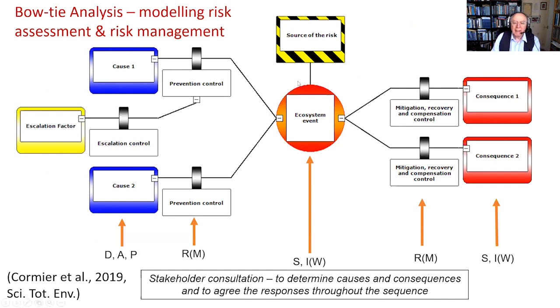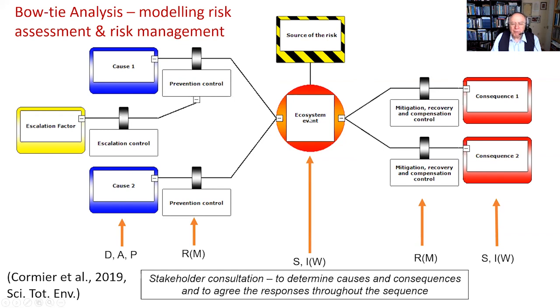And it's a bow tie analysis because it's got a central problem. And this problem could be, you know, how to minimize the effects of high discharges from the land, or the effects of tourism, or the loss of a species or habitat. So we need to know, what are the causes of that, these blue boxes? Can we put in prevention between the blue boxes and the main problem?